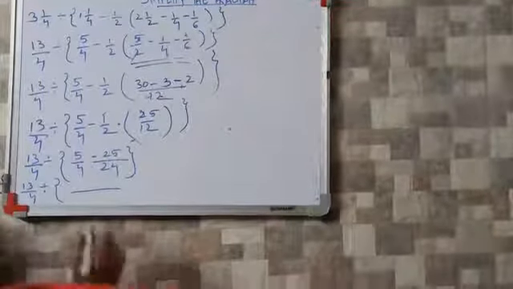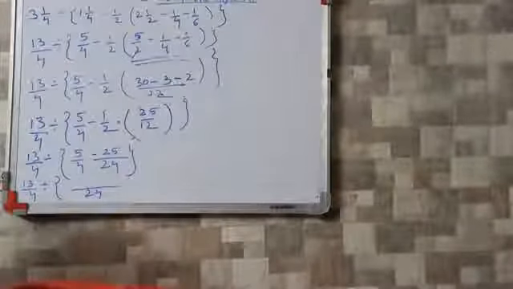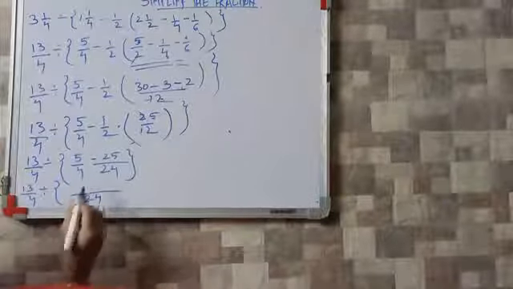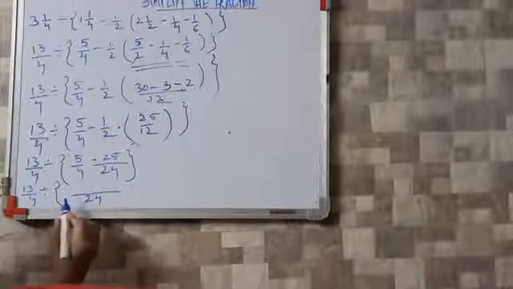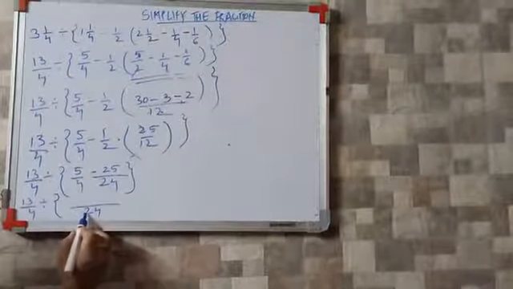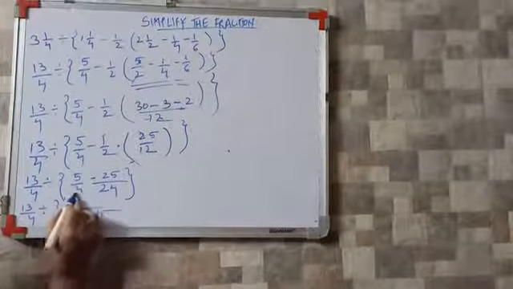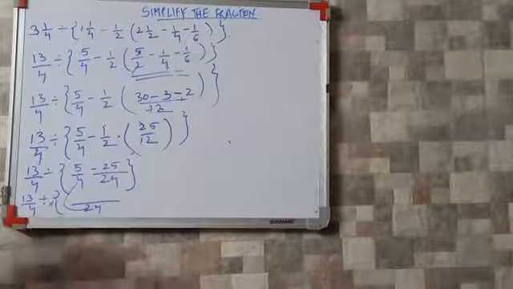So below the line we will write the LCM 24. Now I told you the method which we have to follow here, the fraction method. The 24 is the LCM. This LCM will be divided by denominator 4 first. So what number will you get? 6. That 6 will be multiplied by numerator 5.